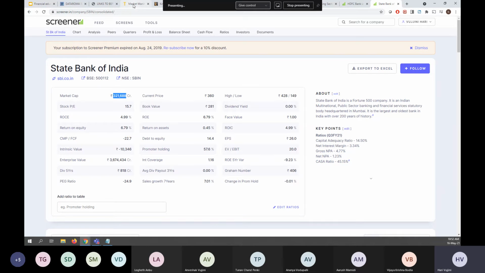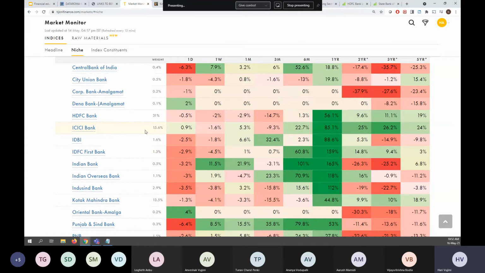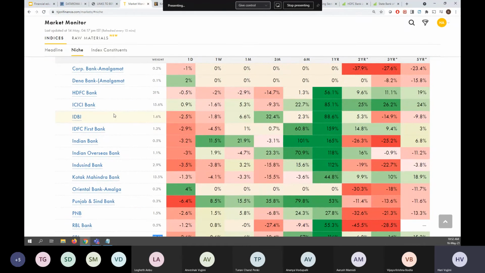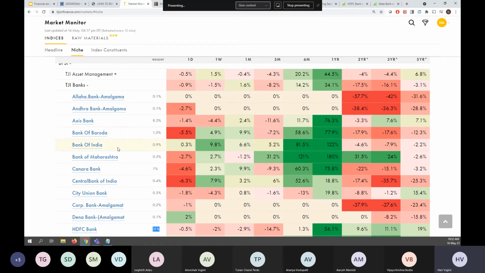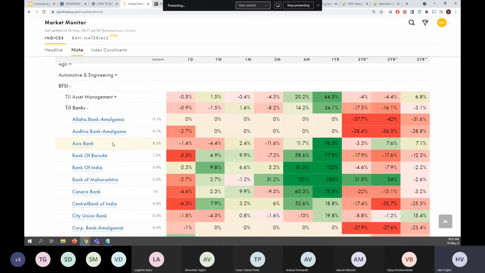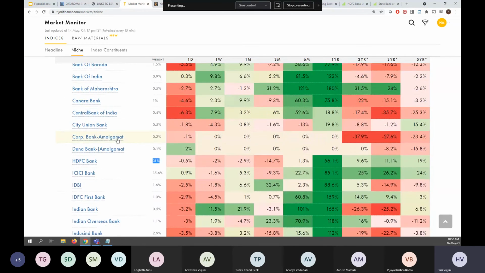So what I did here is I compared the bank index based on market cap, and we saw HDFC has 31% in the bank index of all the different banks in India. These are all the banks listed. You can buy any of these banks tomorrow. But out of all these banks, HDFC got 31% market cap, so in the index, they have 31%.